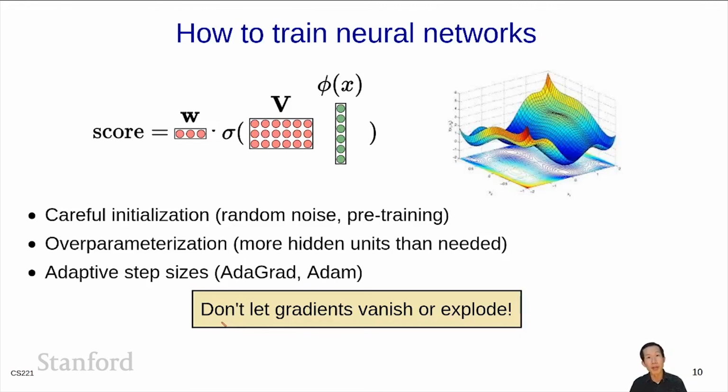But if your gradients become too large, then you'll explode, oscillate, and might diverge. So careful initialization, setting up the step sizes, and even designing the neural network architecture are all around making sure that your gradients don't vanish or explode. Okay, so that's all the guidance I'll provide you. There's a lot more to be said on this topic. We're just giving you a high-level overview.